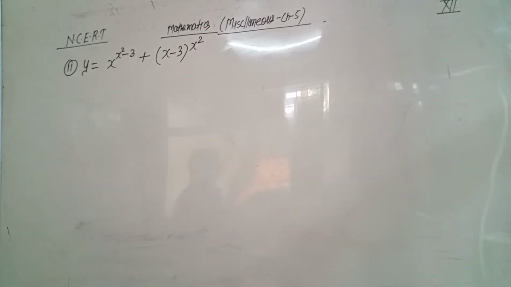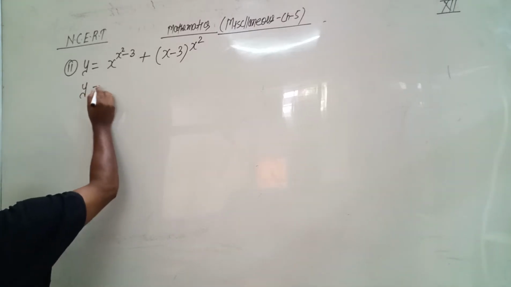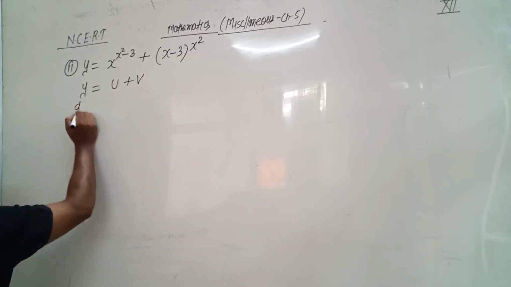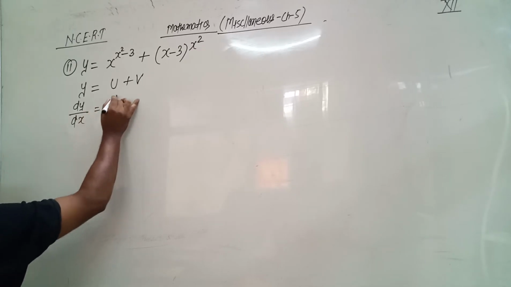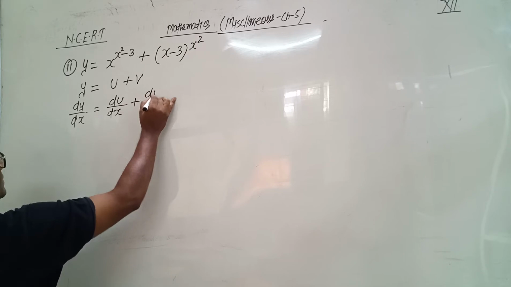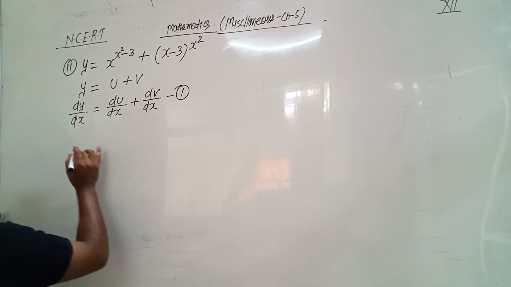So again we suppose both the terms as u and v. We suppose y equals u plus v and differentiate both sides with respect to x. dy by dx equals du by dx plus dv by dx. Name it first equation.